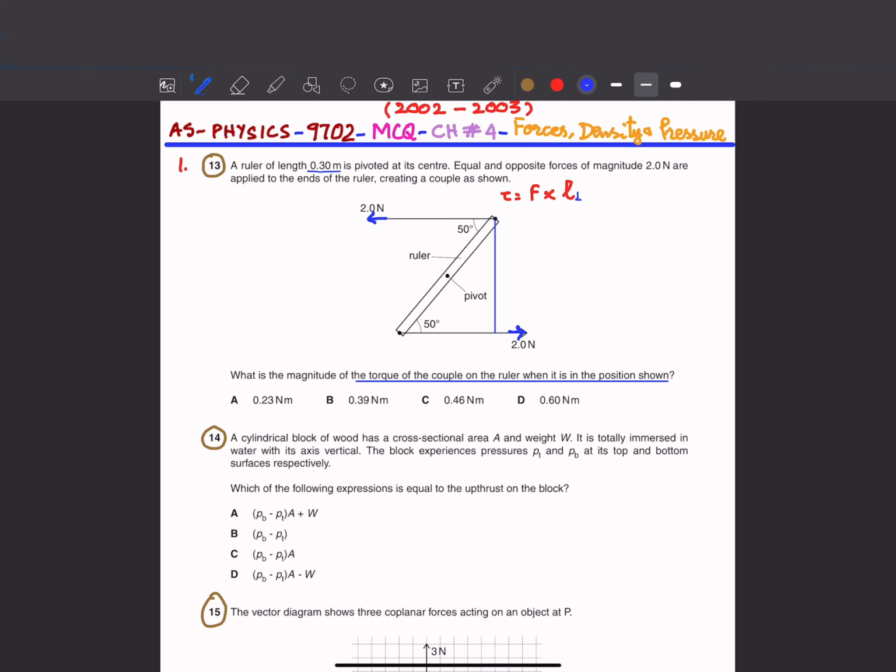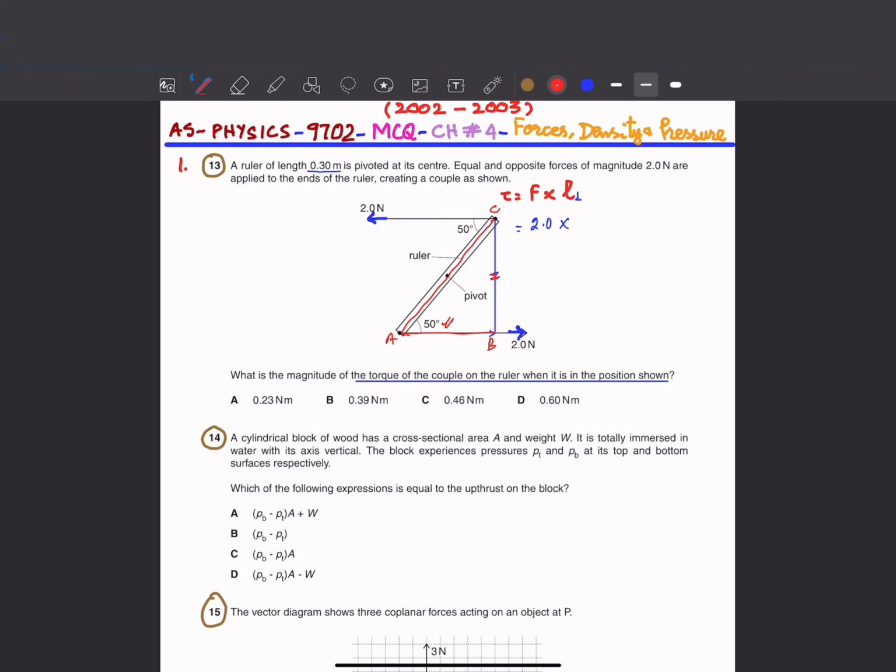Suppose you have one force as 2 Newton, the perpendicular distance will be this. And what is the value of this particular component? If you recall the vectors topic, suppose this is a vector, or consider a triangle ABC, even if you are not considering it as a vector. This part is the perpendicular in this triangle where 50 degree is the angle.